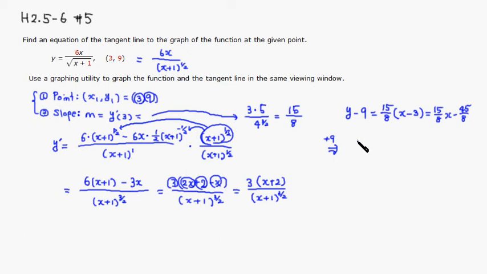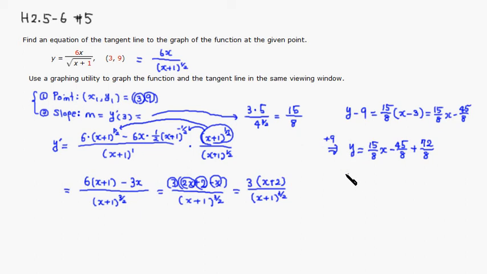So y is equal to 15 over 8 x, minus 45 over 8. Then we're adding 9. 9 is the same thing as 8 times 9, which is, oh sorry, 72. Sorry about that. So 8 times 9 is 72, over 8.